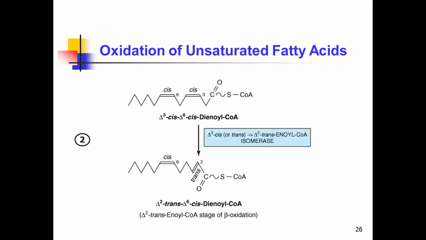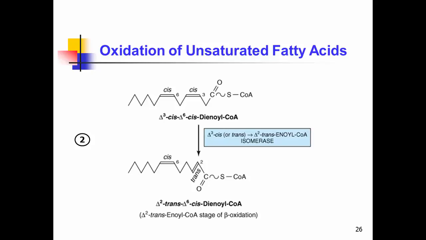In this molecule, the double bond is located between carbon 3 and 4, right? So after isomerization, that double bond changes to the 2 and 3 positions.